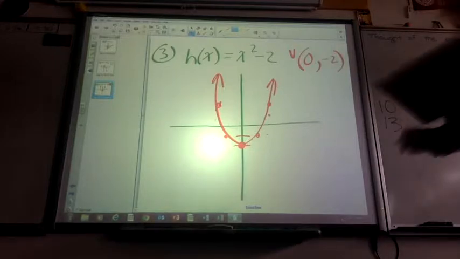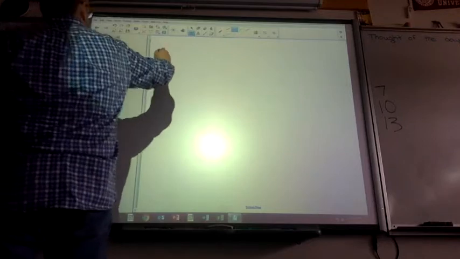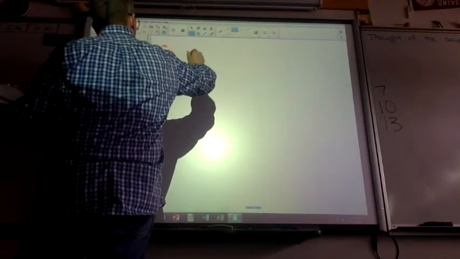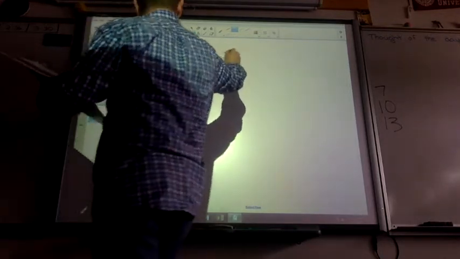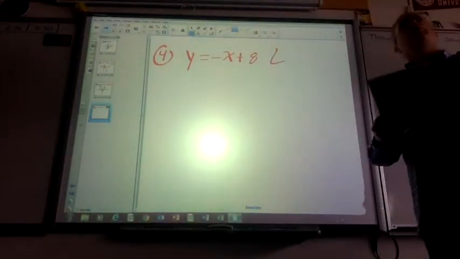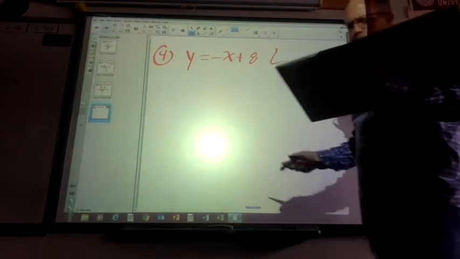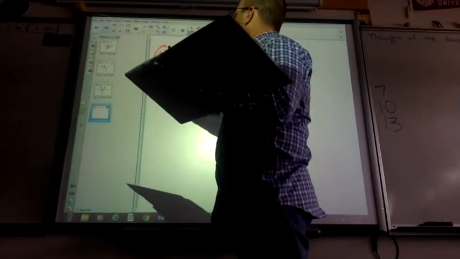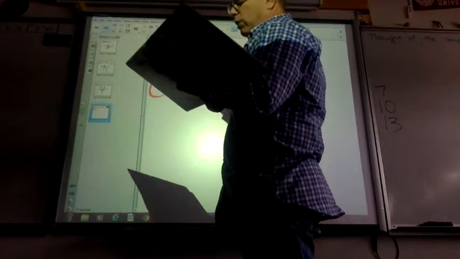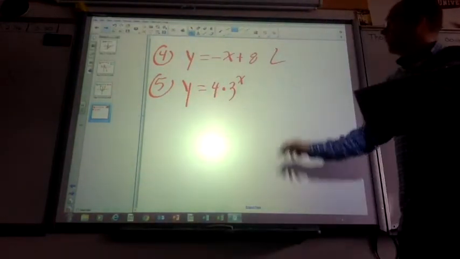All right. Now, 4 through 14, let's walk through these. You will definitely see a page very similar to this on the test. Linear. So we have this one, which it is indeed linear. Does anyone struggle with that being linear? Okay, problem number 5. We have y equals 4 times 3 raised to the x power. That's exponential.